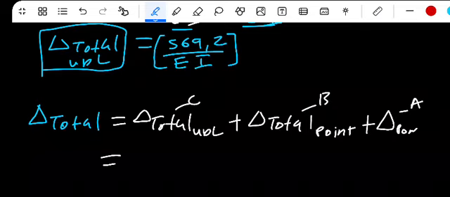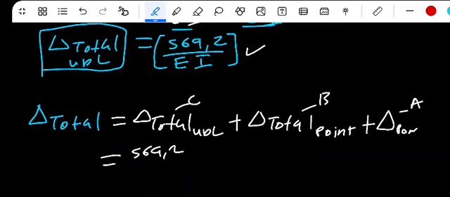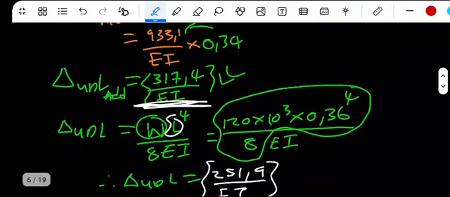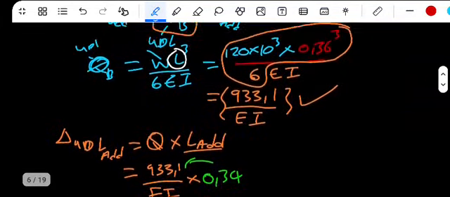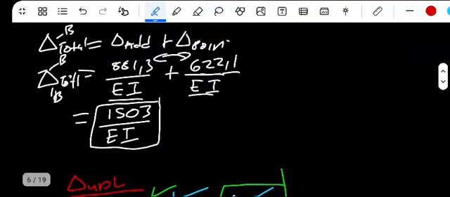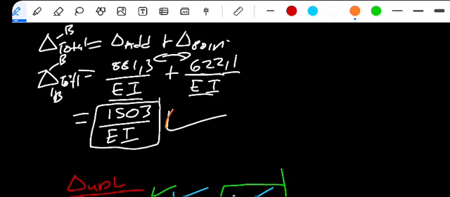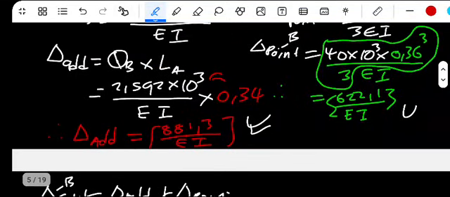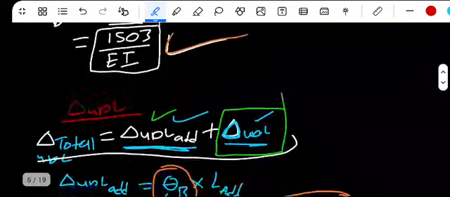Alright, here is our UDL, it's 569.2 divided by EI, plus, let us check that total. Here it is. Also another total at A. Here it is. So we can add all of these.